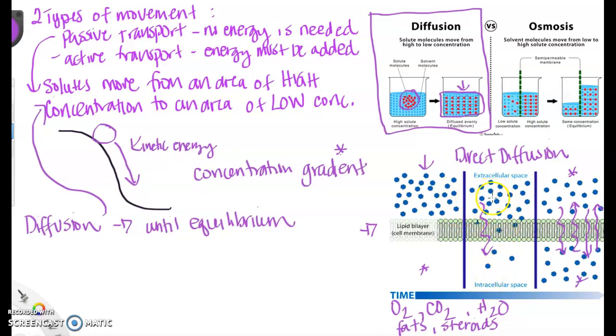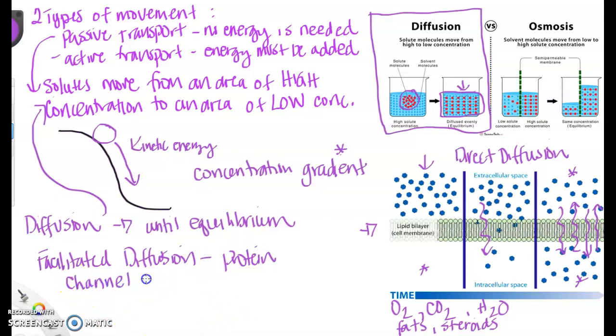Not all solutes can do this. Okay, so there's something called facilitated diffusion. And facilitated diffusion requires a protein. So we can either have a channel protein. That's a protein in the membrane that is always open.